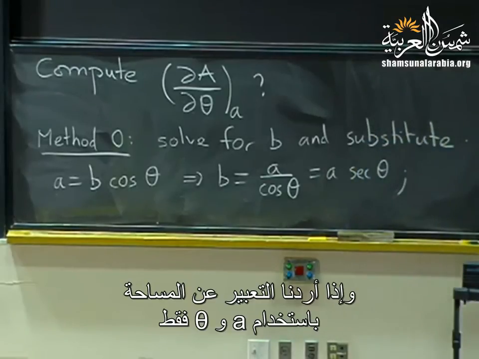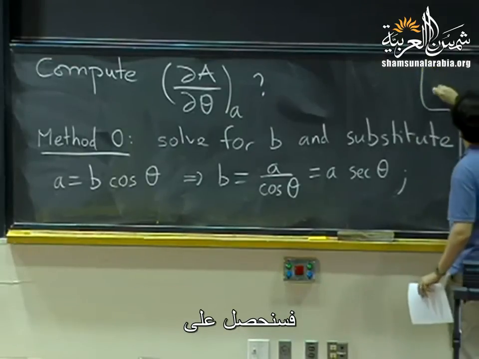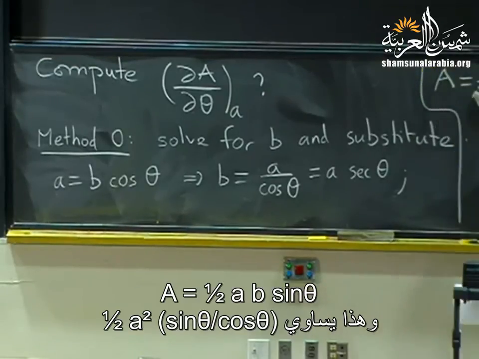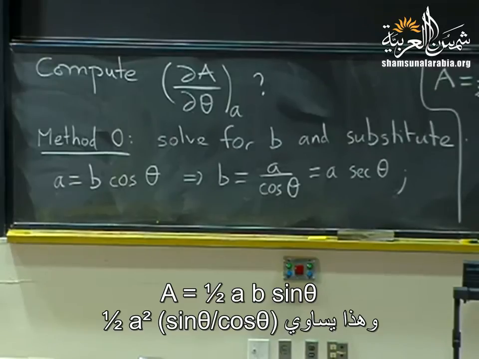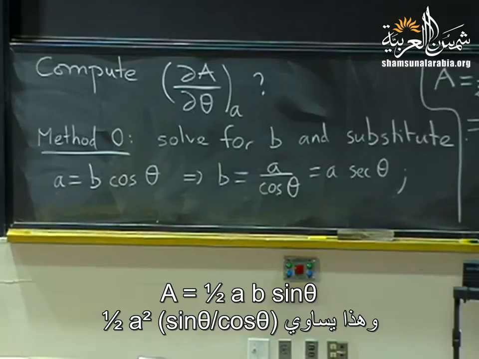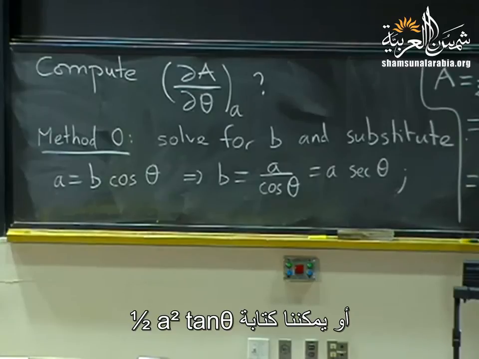And now if we express the area in terms of a and theta only, A is 1/2 of ab sine theta, which is now 1/2 of a squared sine theta over cosine theta, or if you prefer, 1/2 of a squared tangent theta.